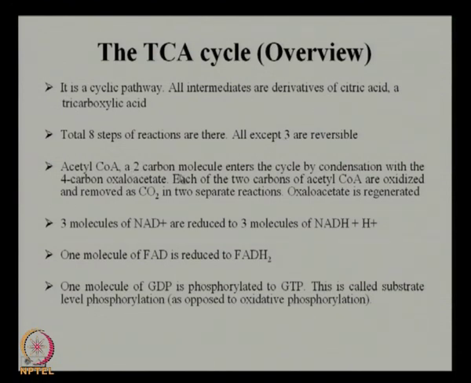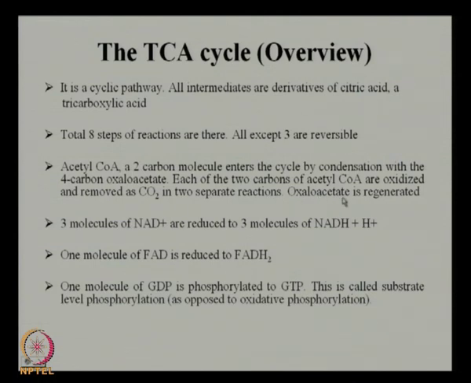Acetyl-CoA, the 2 carbon molecule, enters the cycle by condensation with the 4 carbon oxaloacetate, and each of the 2 carbons of acetyl-CoA is oxidized and removed as carbon dioxide in 2 separate reactions.